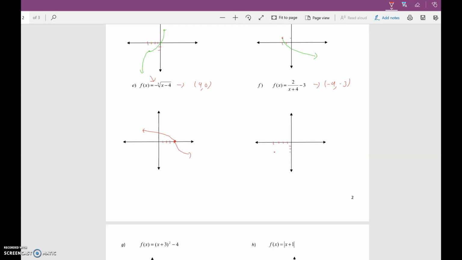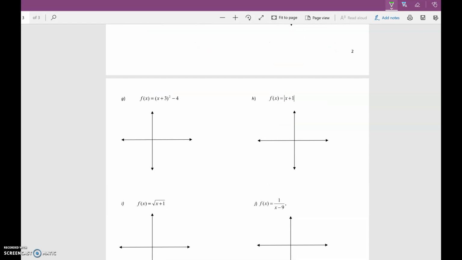And then you're going to draw your dotted lines. And then this is a basic hyperbola. So technically you're going to have one of the branches in this position and another one in that position. So that is our actual graph of 2 over x plus 4 minus 3.